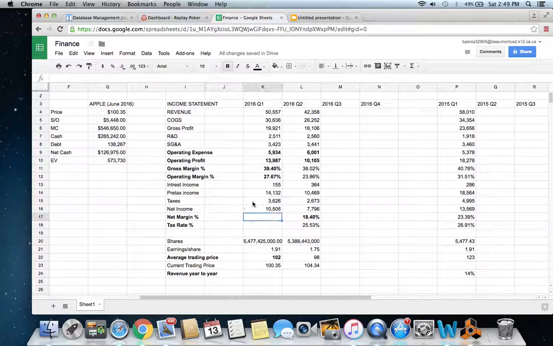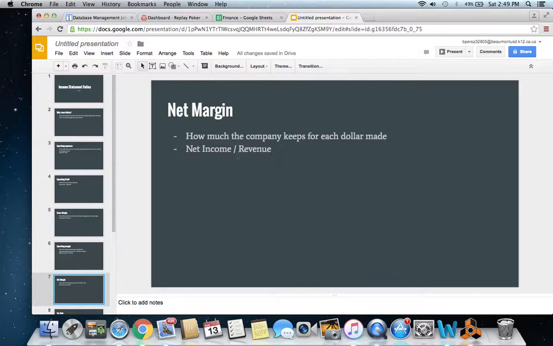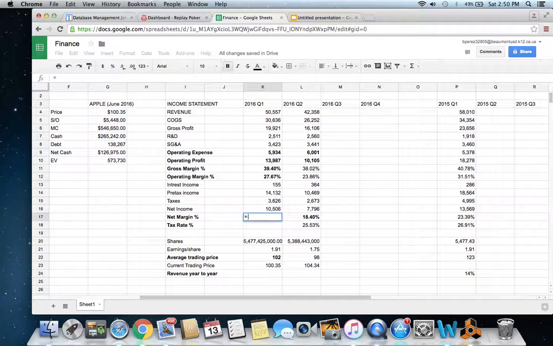Next, we have net margin. What is net margin? It's how much the company keeps for each dollar made. So the formula is net income over revenue. So we have net income over revenue.